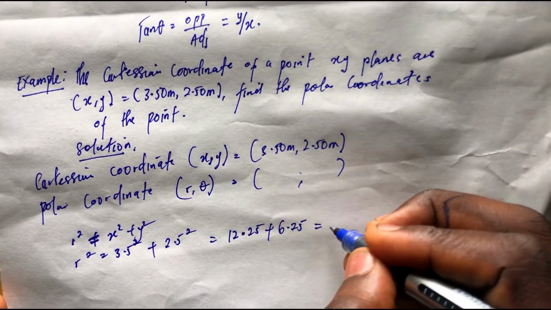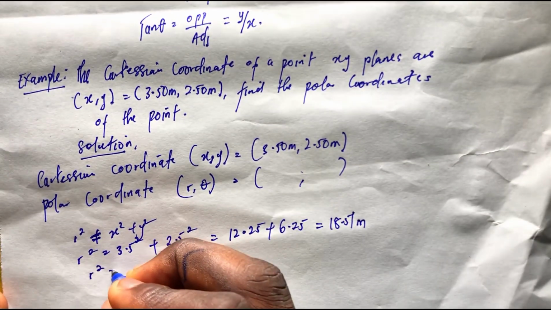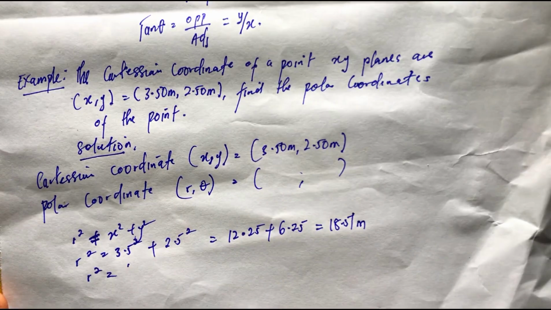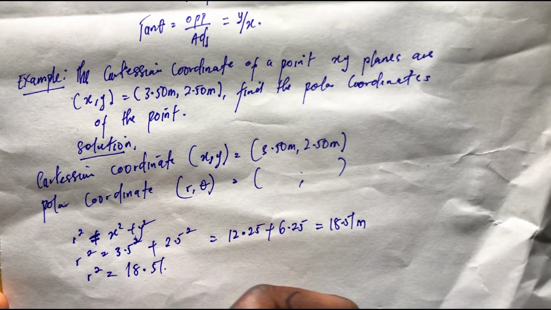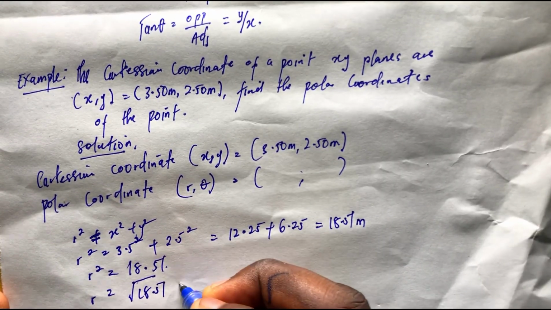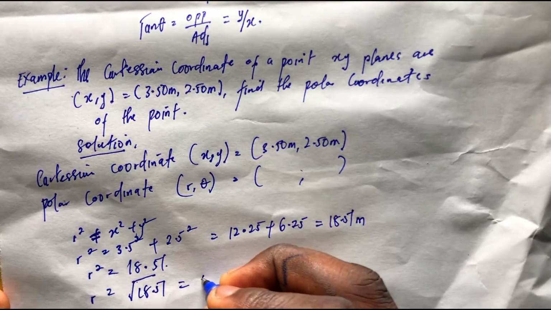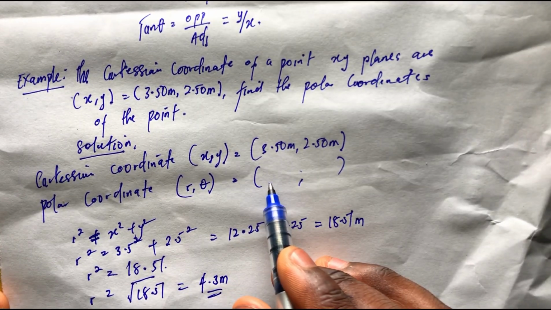So adding this, we're going to have 18.5 meters squared. So r squared is equal to 18.5, and taking the square root of both sides, we say r is equal to the square root of 18.5. This will give us approximately 4.3 meters.